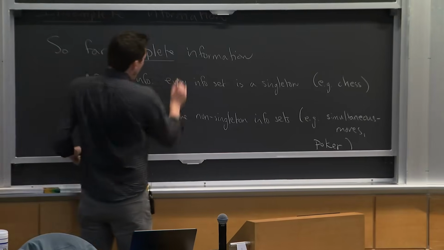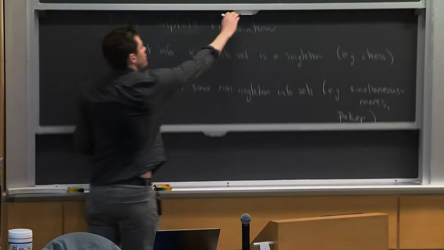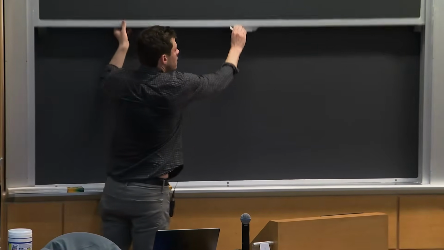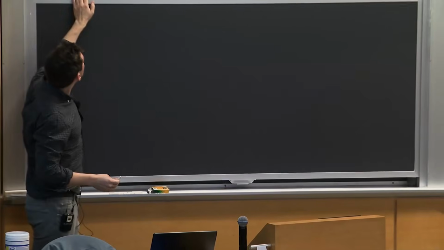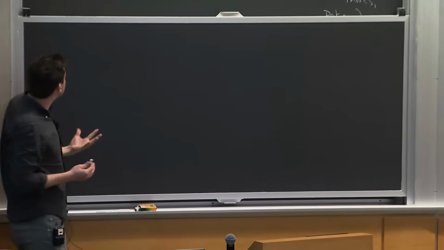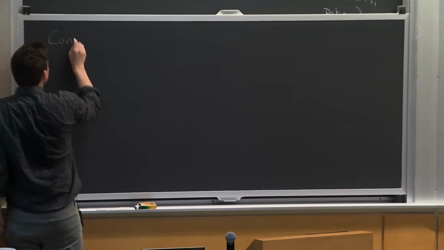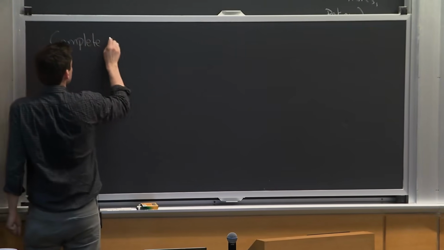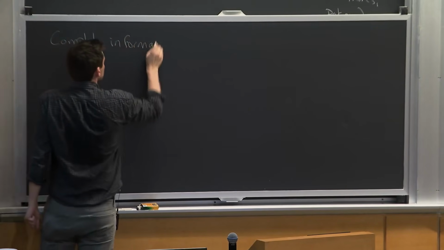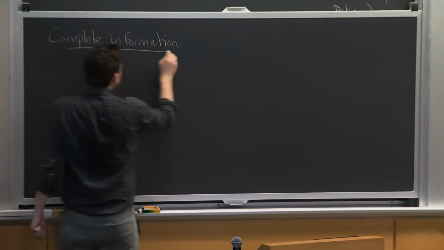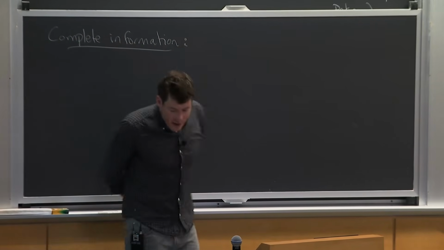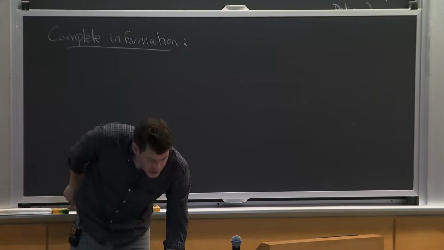But why do I say both of these are complete information? The defining property of these two classes of games is what makes them complete information. And I'll warn you, some people give slightly different definitions of this, and I think my definition is slightly different than what's given in the notes.